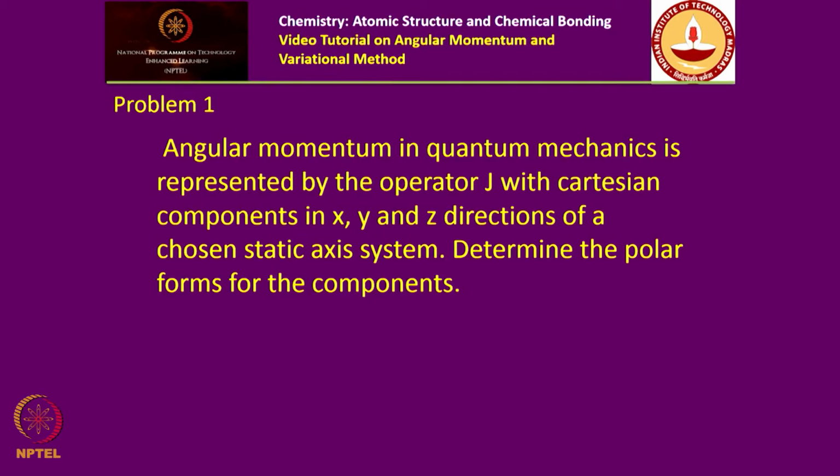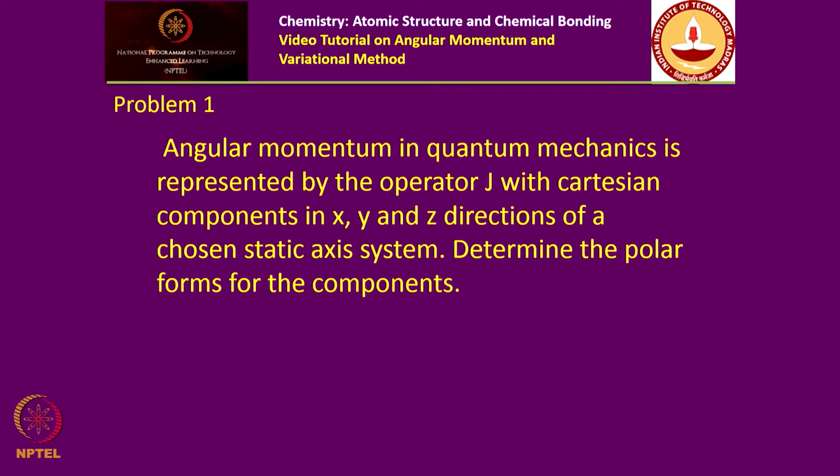Now, let us go to problem 1. This is a problem of representing angular momentum by Cartesian components. It is asking you to do the following. Angular momentum in quantum mechanics is represented by the operator J with Cartesian components x, y and z directions of a chosen static axis system.